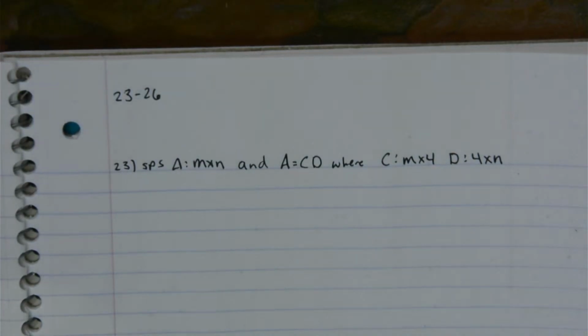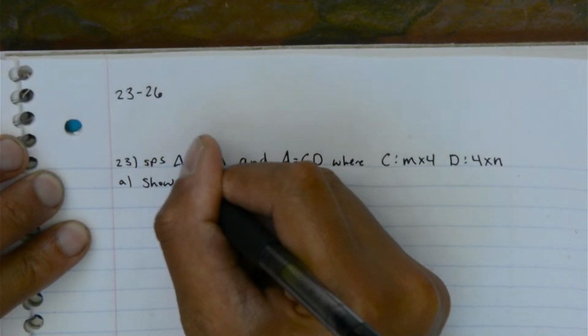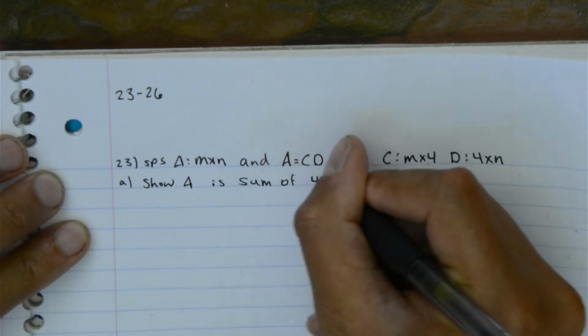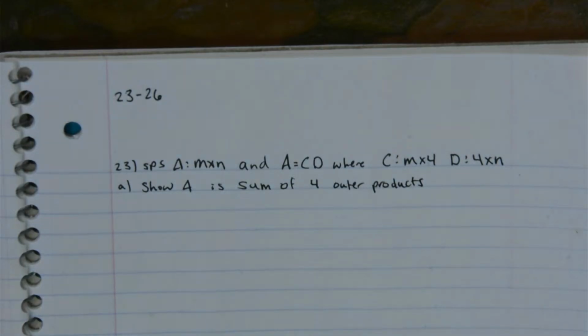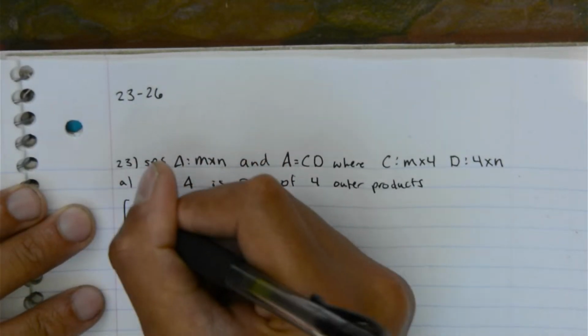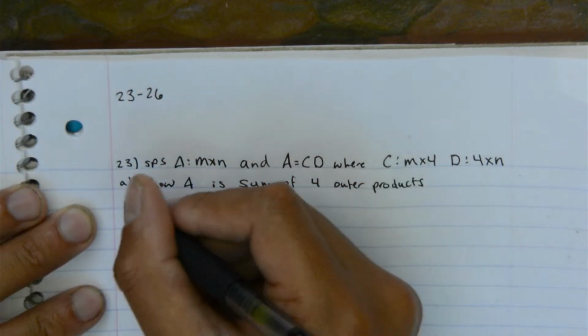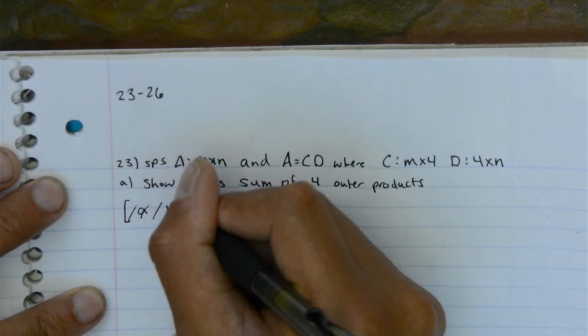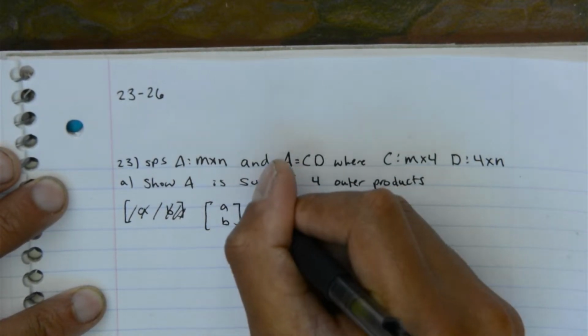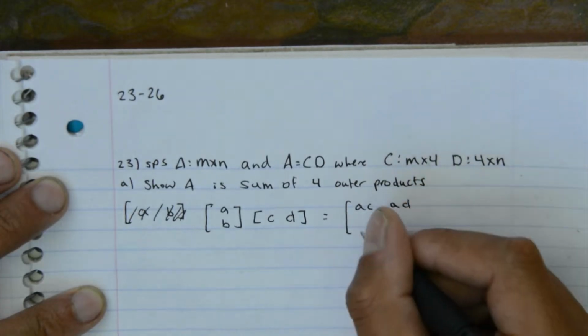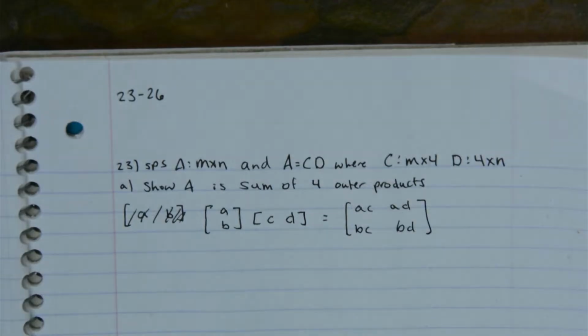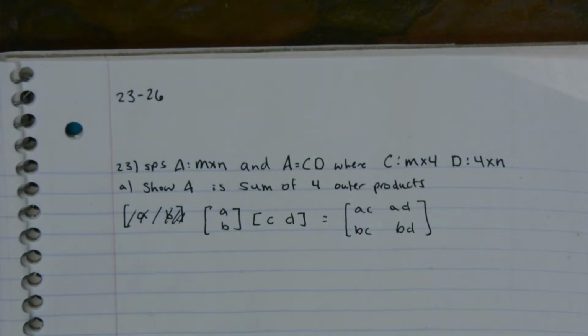Okay. Now the problem is to show that A is the sum of four outer products. So this is the outer product.